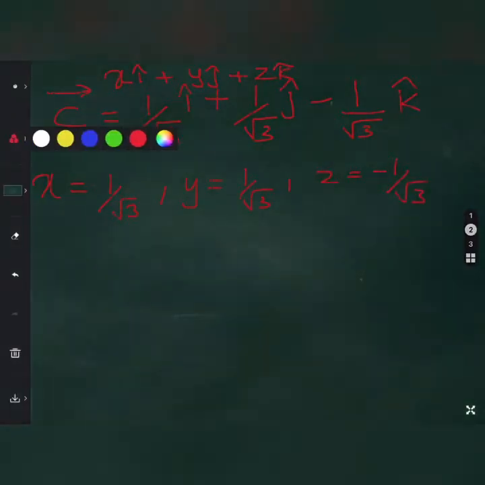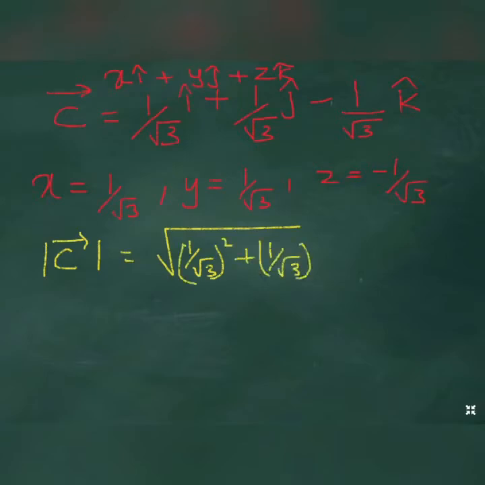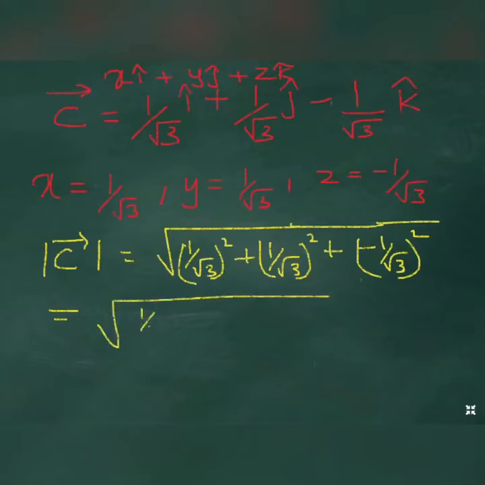Now substituting in the formula, magnitude of vector C is equal to under root x square plus y square plus z square respectively, which will be equal to 1 by root 3 the whole square plus 1 by root 3 the whole square plus minus 1 by root 3 the whole square, which will be equal to under root 1 by 3 plus 1 by 3 plus 1 by 3, which will be equal to under root 3 by 3, which will be equal to under root 1.